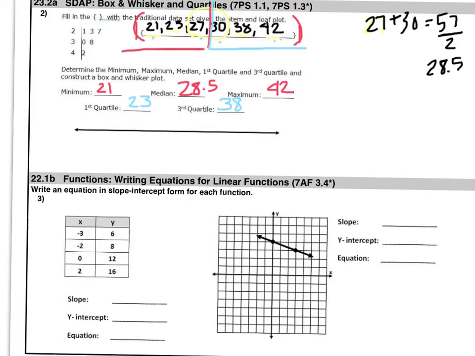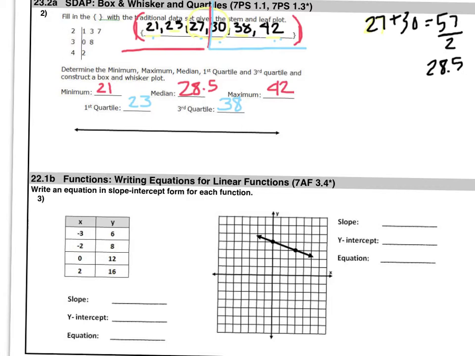Okay, now our last thing to do is create that box and whisker graph. So I need to take my numbers and put them on a number line. And usually our number line has to show all of the numbers. So we need all of the numbers between 21 and 42 represented on our number line.